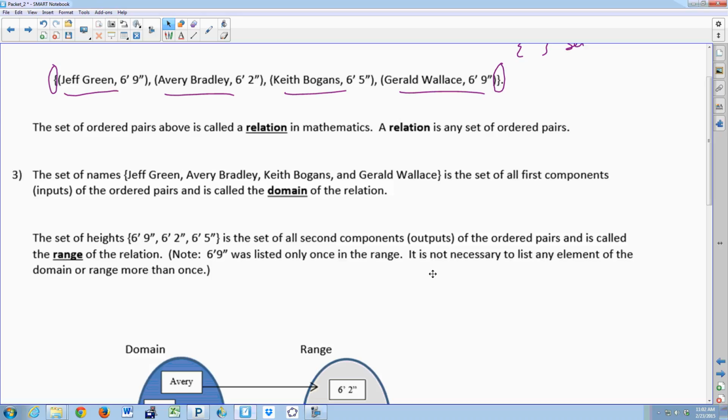And I want to point out a word that people often forget about when they're talking about the domain, and that's this word right here. Anytime you talk about a domain or a range, it's always going to be a set, always. So you're always describing a set of numbers, or in this case, a set of inputs, which represents these four names of the Boston Celtics. Now the set of heights, which are the outputs here, the second components in these ordered pairs, is called the range of the relation.